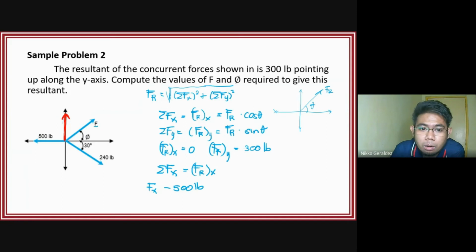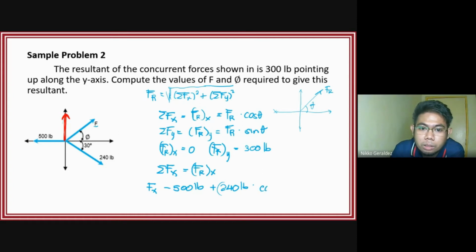So that is plus 240 pounds times cosine 30 degrees, x component eh.